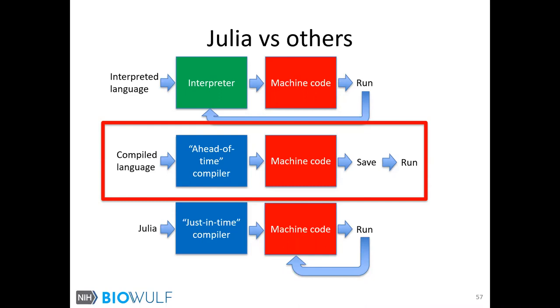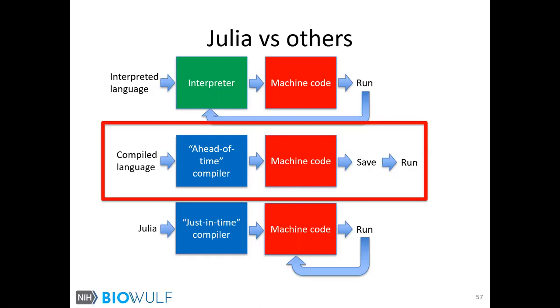The machine code has been generated to be specific to that machine or that CPU in which it has been compiled. So it's very fast. And if you need to run many copies in parallel, then that is super fast.